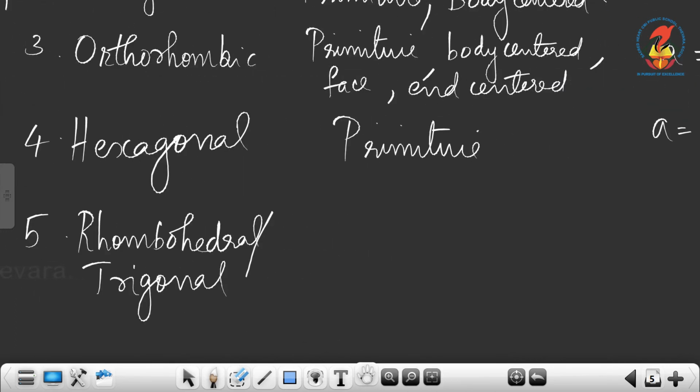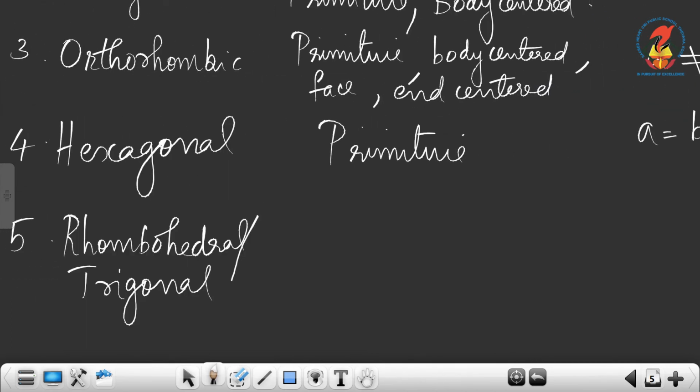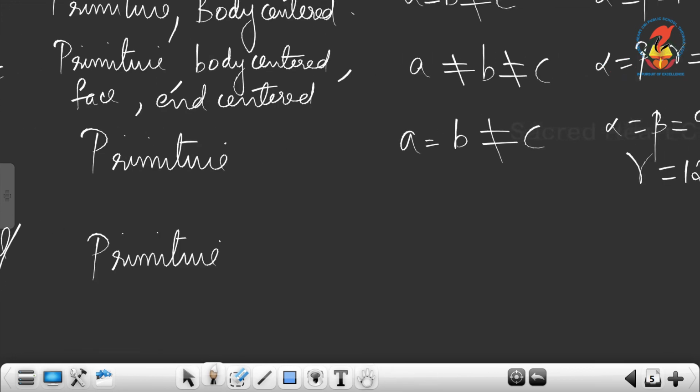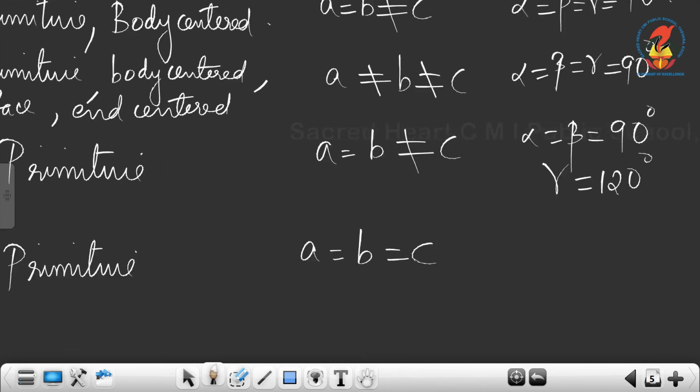Now the lattice type present is again primitive, and here the axial distance is A equals B equals C, and axial angle is alpha equals beta equals gamma not equal to 90 degree.